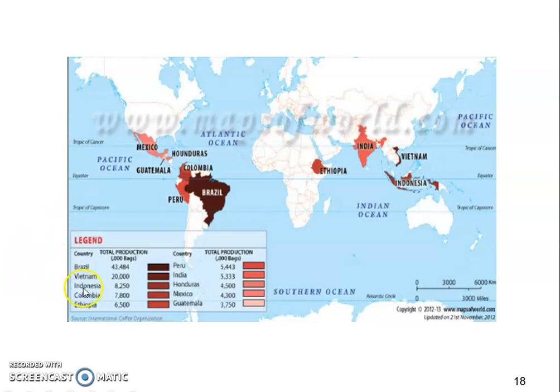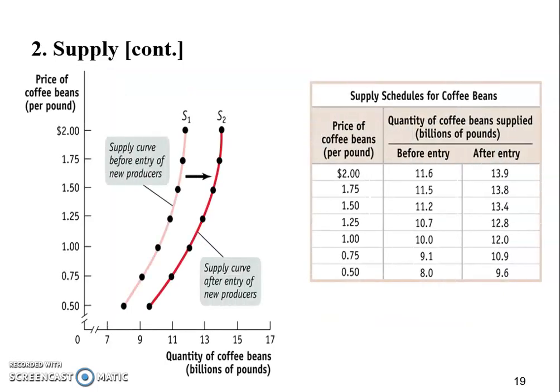Right now, you can find that the second largest coffee bean exporter is actually Vietnam. The third one is Indonesia. Again, you see multiple Southeast Asian economies on the list. Now here we give you the supply schedule before entry and after entry, the entry of these Southeast Asian economies.